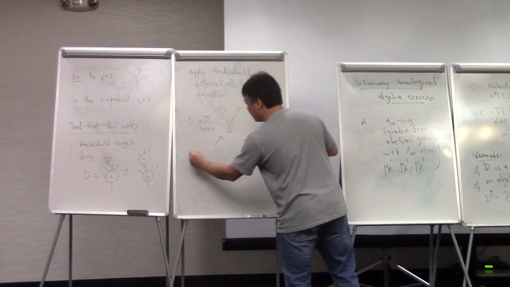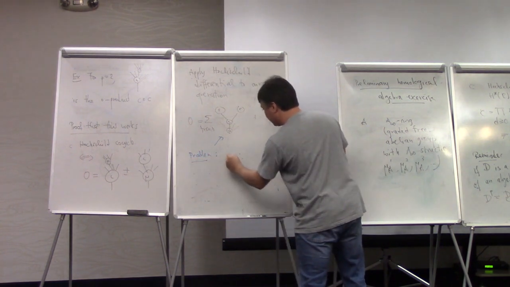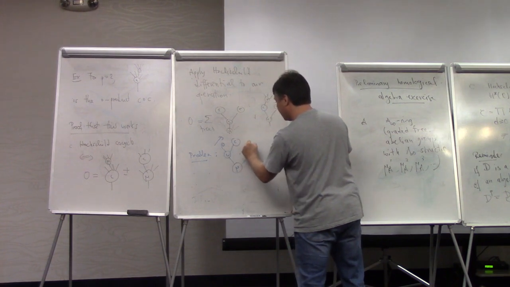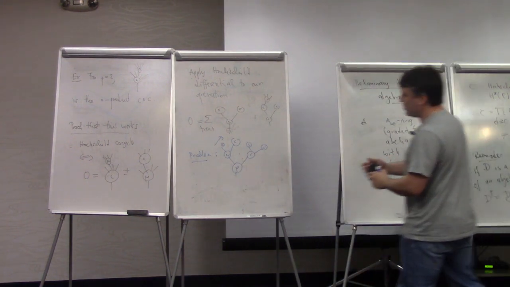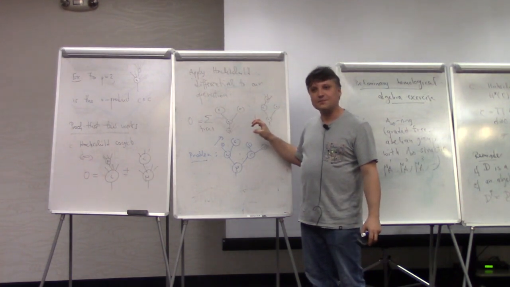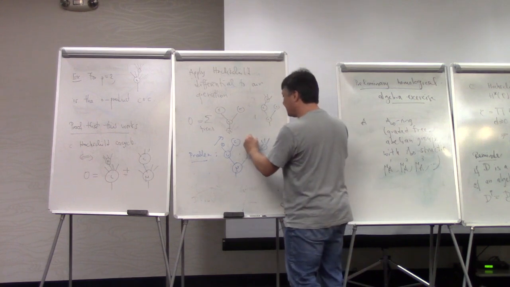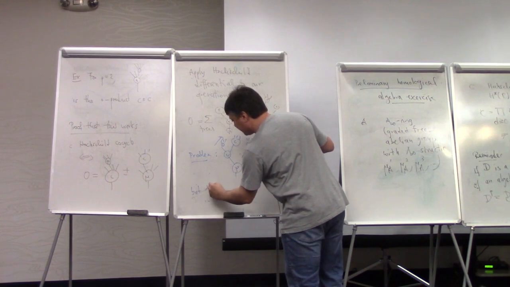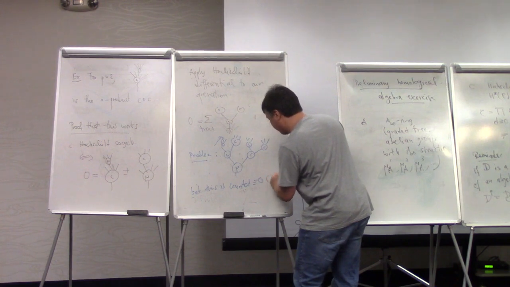So the problem is this one here, which will occur when you do this kind of argument, where you have an A infinity structure at the bottom, and you have at least 2 branches with elements of C on them.